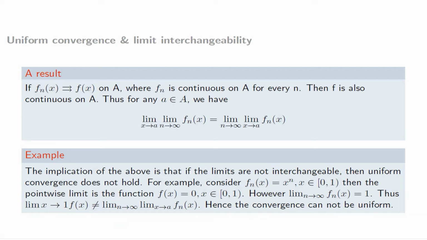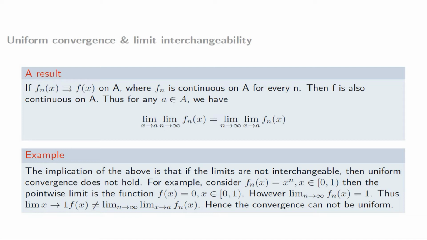interchangeable. Formally, if f_n(x) converges uniformly to f(x) on A, where f_n is continuous on A for every n, then f is also continuous on A, and for every a belonging to A, we have limit as x tends to a of limit n tends to infinity of f_n(x) is the same as limit n tends to infinity of limit x tends to a of f_n(x).